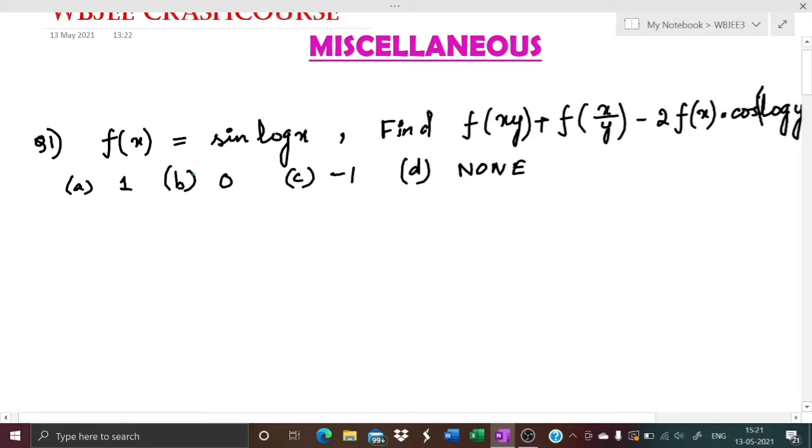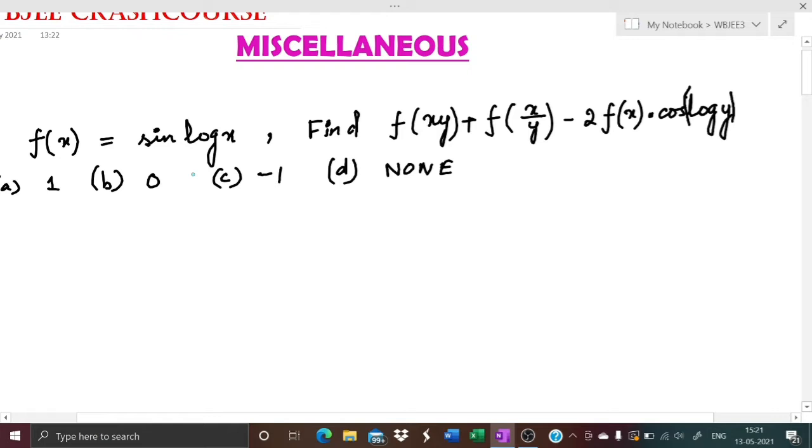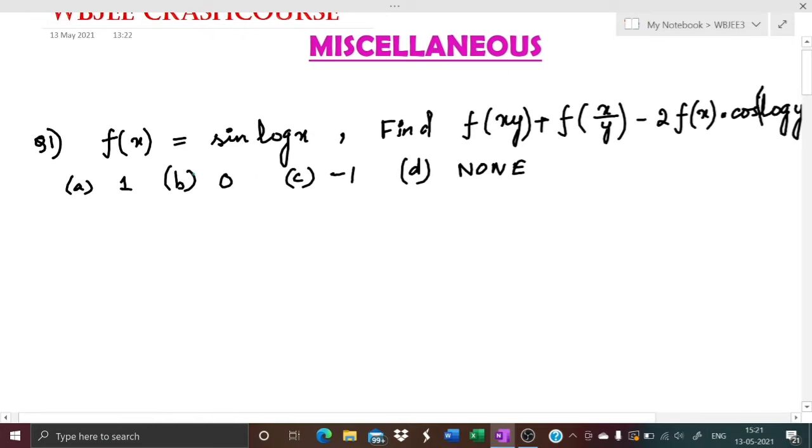See, if f of x equals sine log x, then you have to find the value of this equation. Solution. First you write each term.